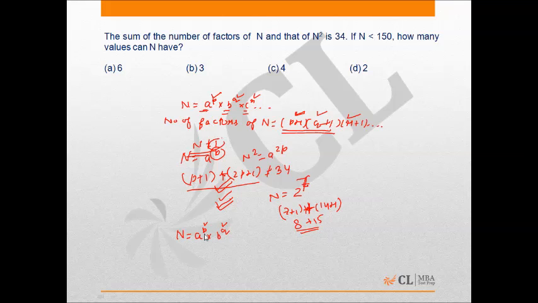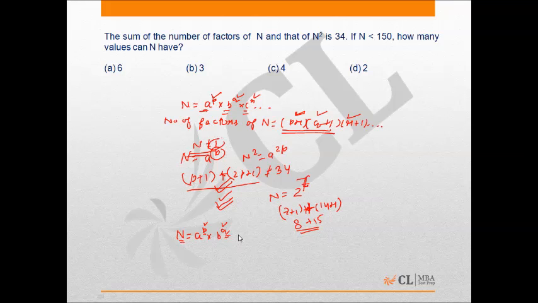As we know that n is a perfect square, p as well as q will be even natural numbers, and the smallest value that they can assume is 2.